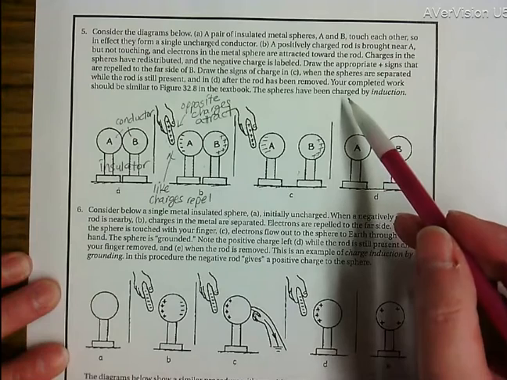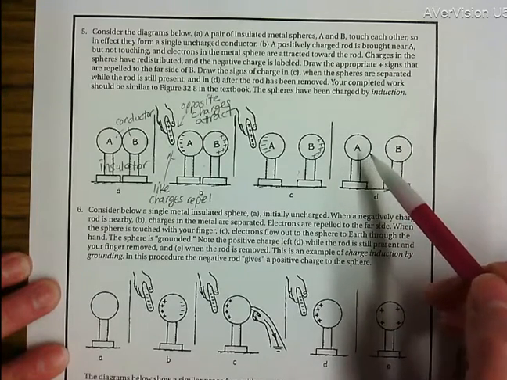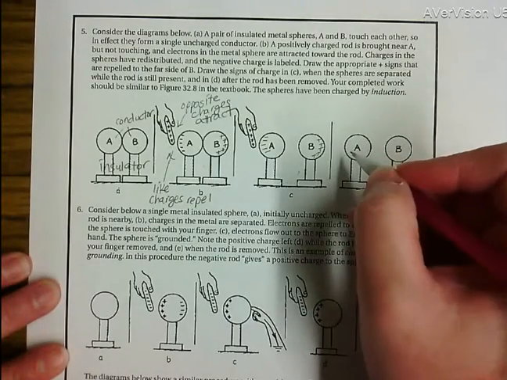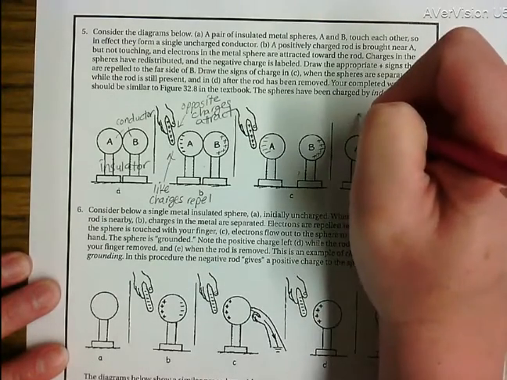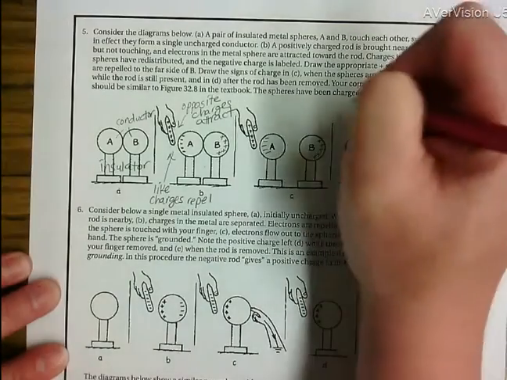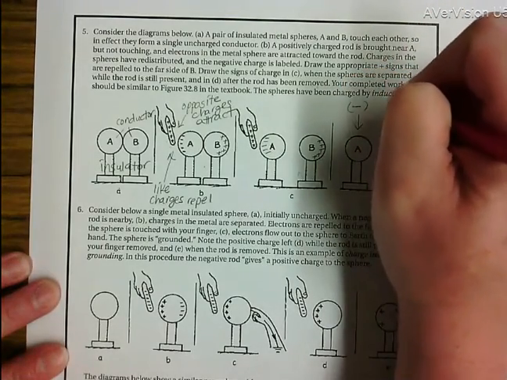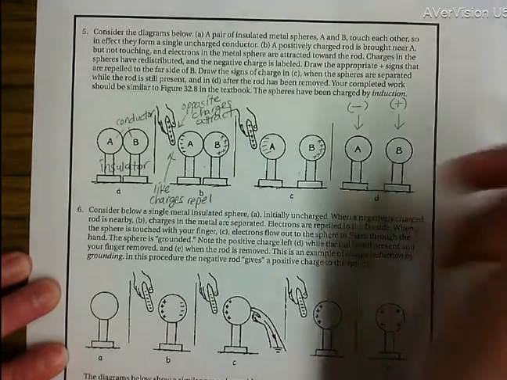Now, the rod's not here anymore, right? So there is no force of attraction or repulsion here. So first off, the positive and negative charges are going to spread out a little bit. But now remember, this sphere has a negative charge, and this sphere has a positive charge. And what do we know about opposite charges? They attract.